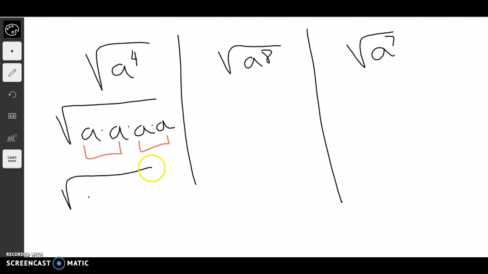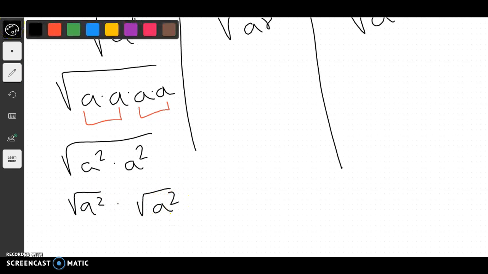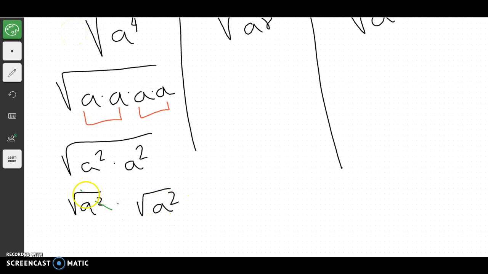This is really a squared times a squared. Then I can use the trick that we did before and separate this. What do square roots do? Well, they cancel things that are squared. And so this answer is a times a, which is really a squared.